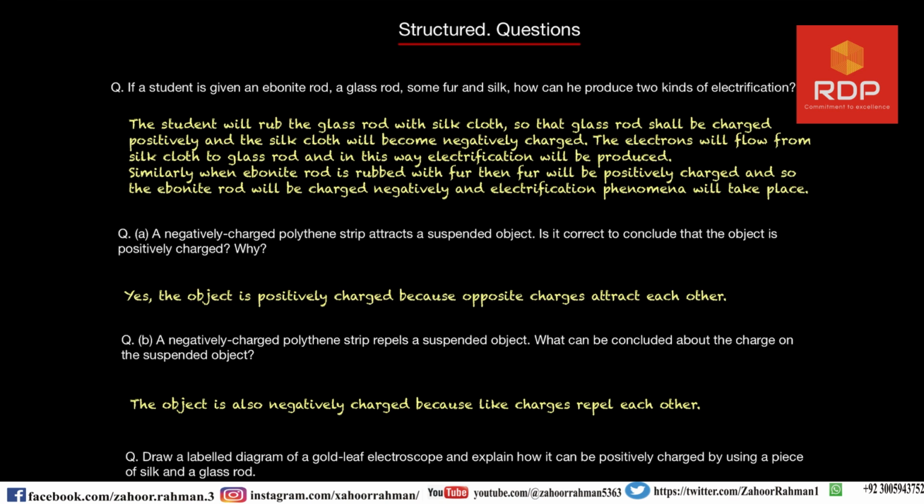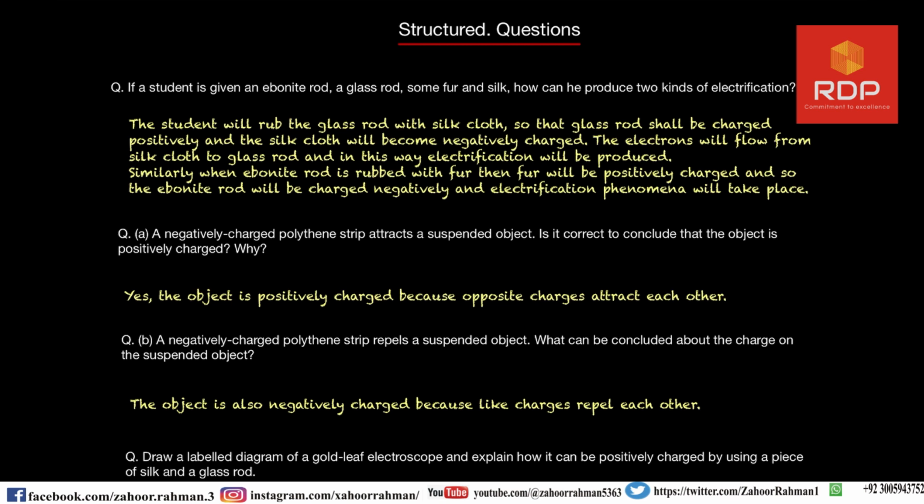Now let's turn our focus to question number 2, and question number 2 is comprised of 2 parts. A part is saying a negatively charged polythene strip attracts a suspended object. It means both are oppositely charged.